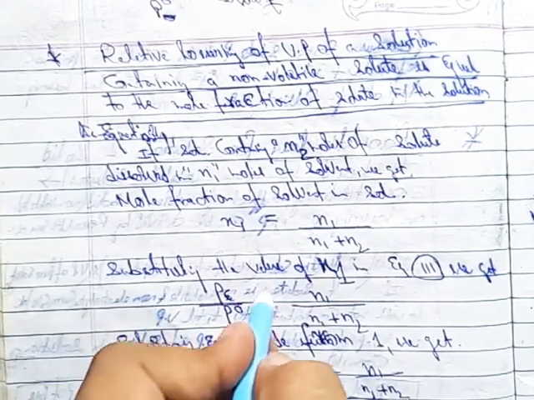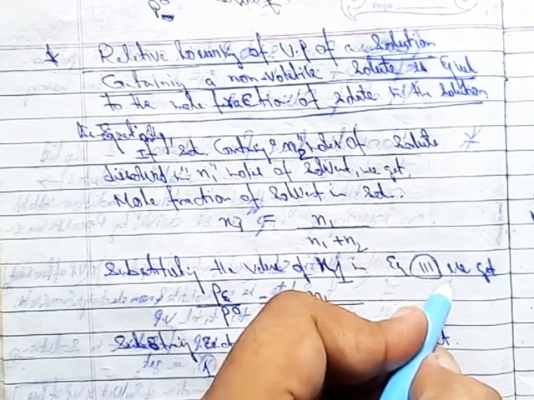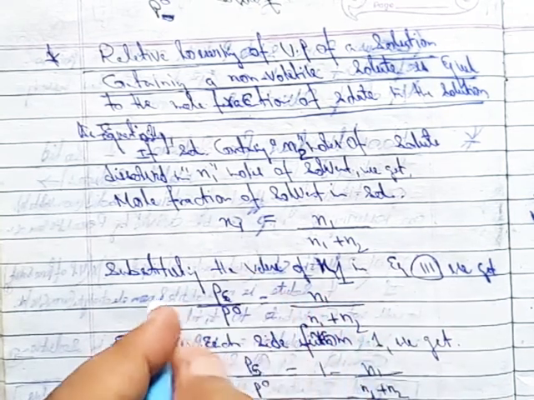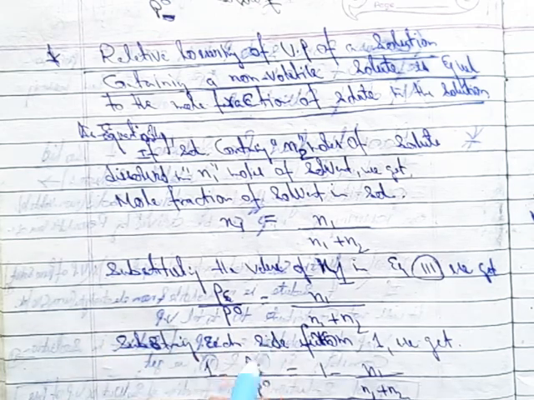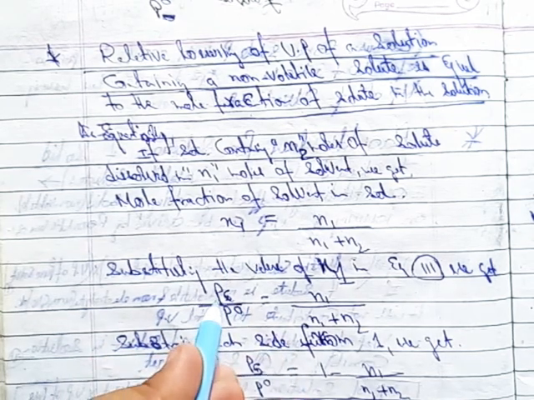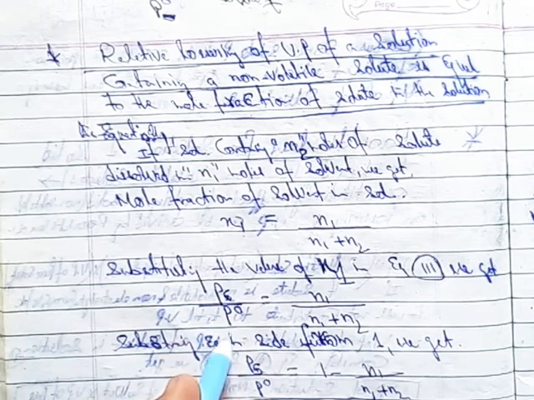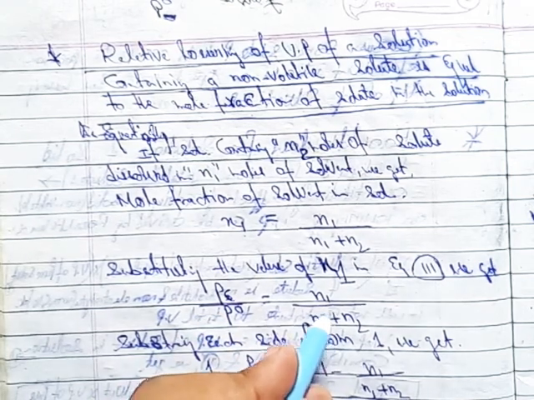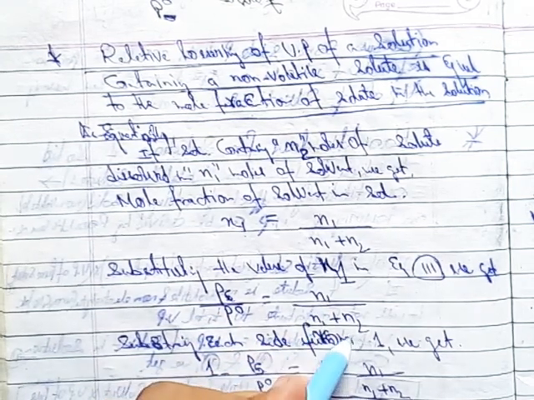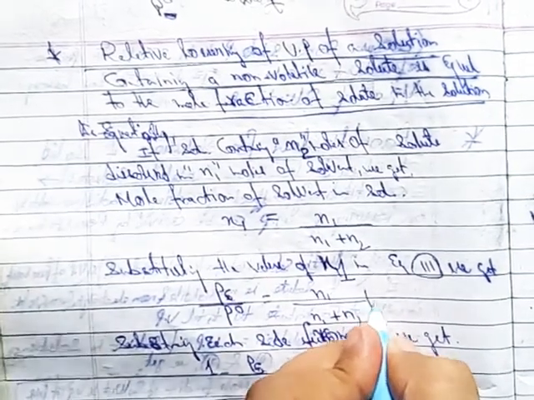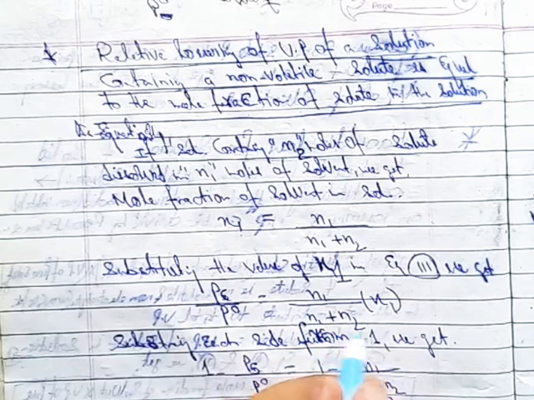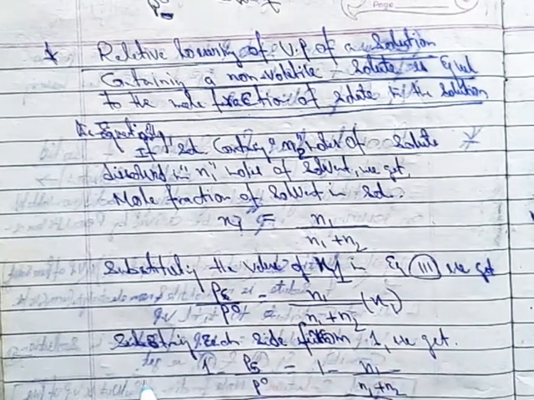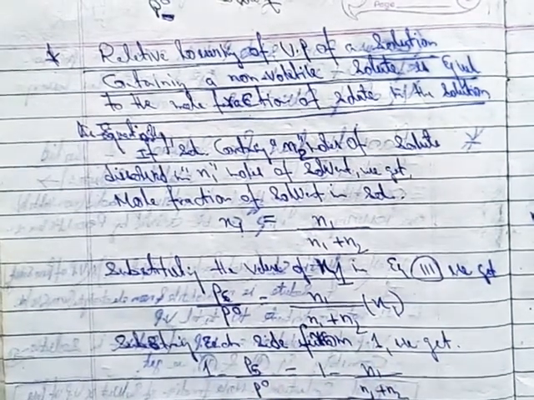Similarly, substituting the value of x1 in the earlier equation, Ps by P naught equals x1, in place of x1 we use n1 divided by n1 plus n2. Till here we have learned.